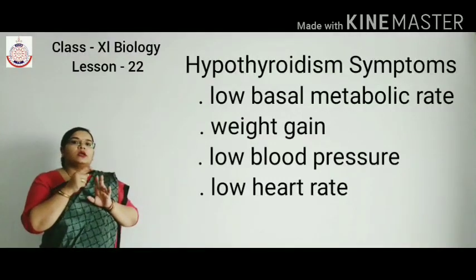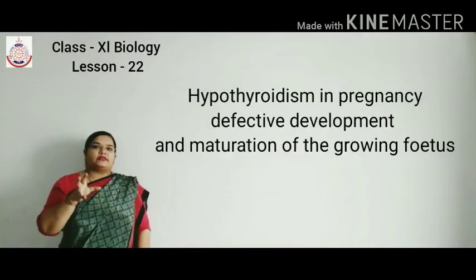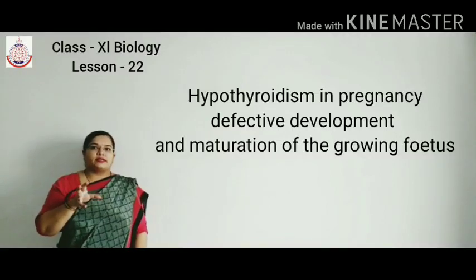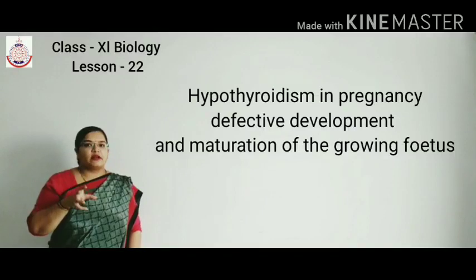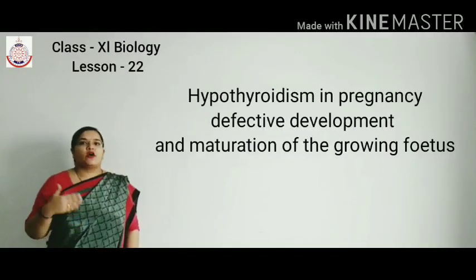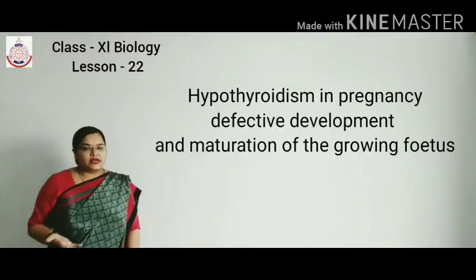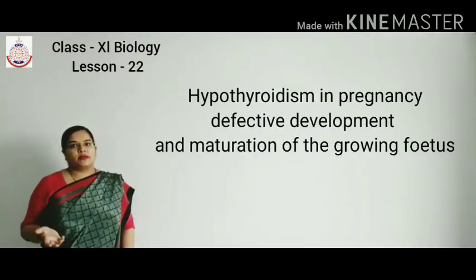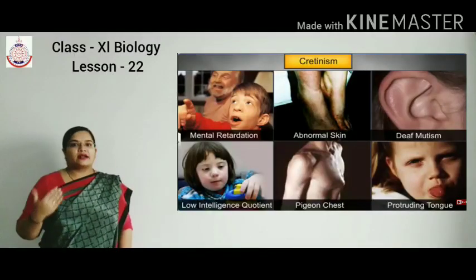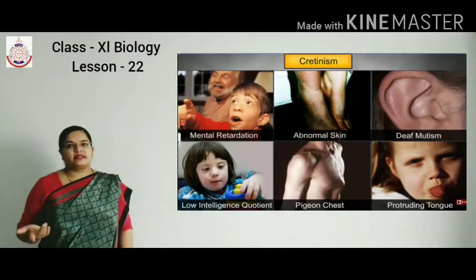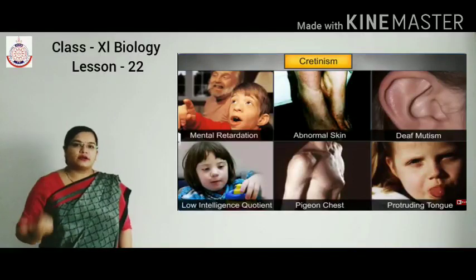Now, if hypothyroidism occurs during pregnancy, then it causes defective development and maturation of the growing baby, leading to stunted growth of the baby. That condition is known as cretinism. C for children, C for cretinism.